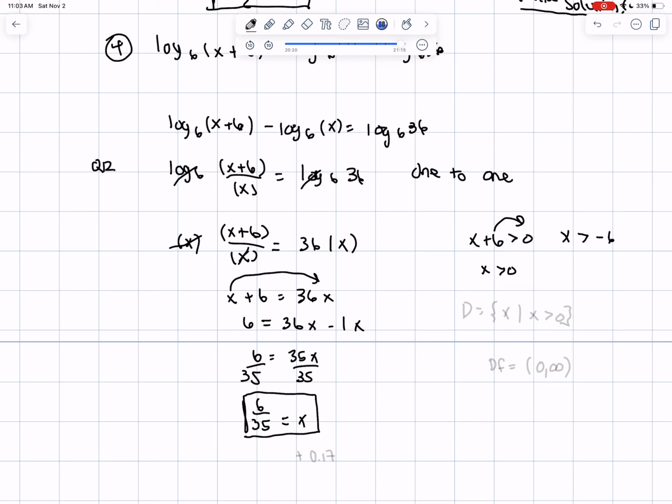6 over 35 evaluates to about 0.17. Not 0, not negative. So I would say that's actually closer to 0 than it is to minus 6. So that means our domain is going to be this.